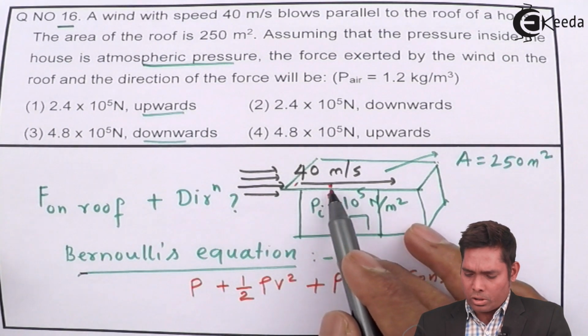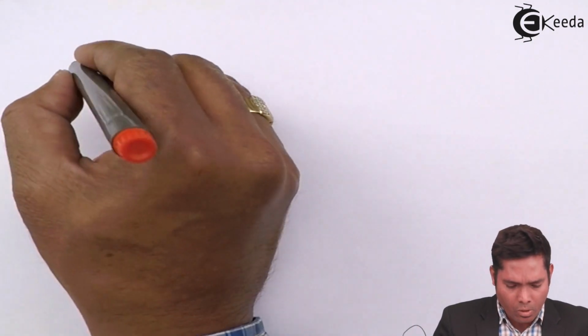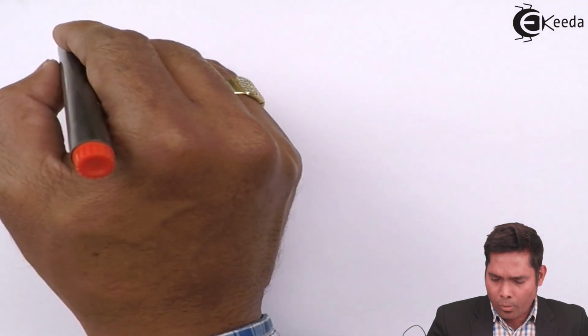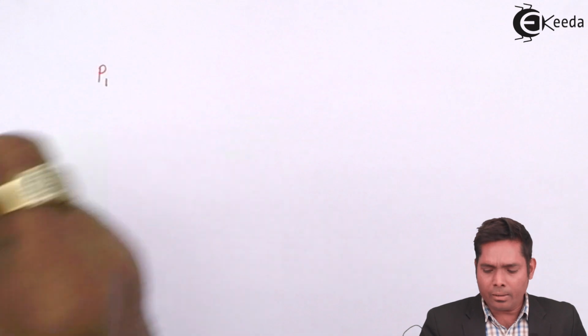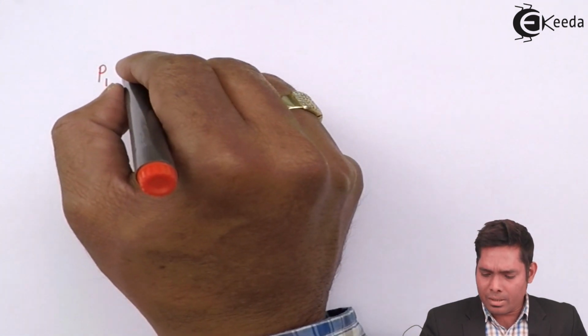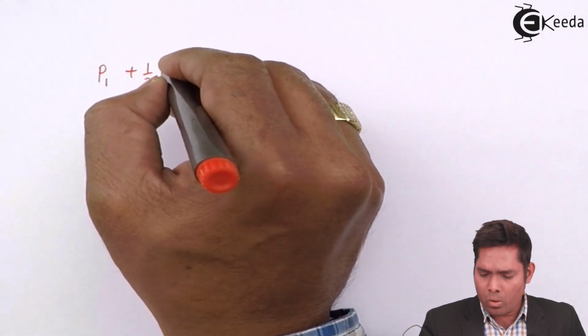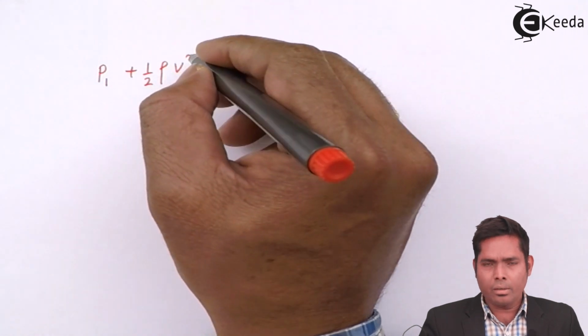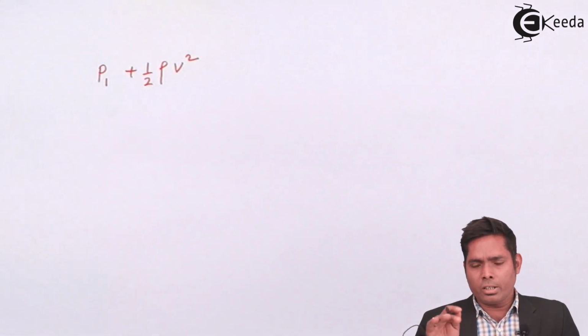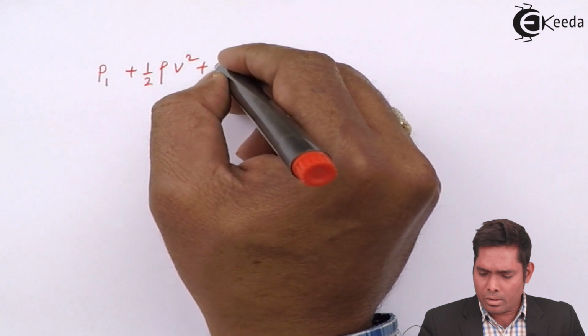For the point on the roof, I have the equation: pressure P1 plus half rho v square, with which the wind is blowing, plus rho gh.